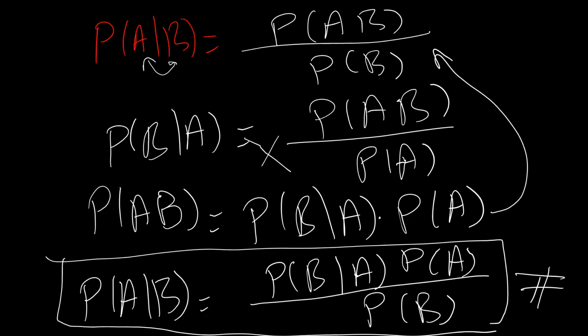Of course, this will be clearer when we see some numerical examples. But before that, it says that the probability of event A to occur, given that B has occurred, depends also on the probability of B. In other words, what is the knowledge that we get from the occurrence of another event on our uncertainty about a certain event?